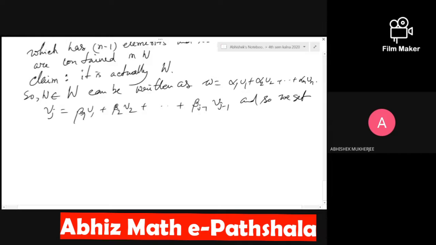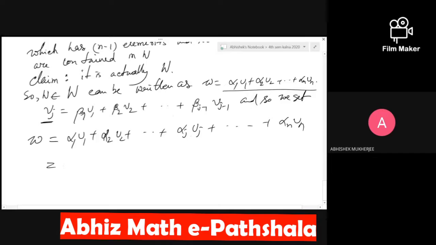So just putting this representation of Vj in the representation of w, we shall get w equal to alpha 1 V1, alpha 2 V2, ..., alpha j Vj, and alpha n Vn. Now we just put the representation of Vj inside the representation of w. We will have alpha 1 V1, alpha 2 V2, alpha j times beta 1 V1, ..., beta j minus 1 Vj minus 1, plus alpha n Vn.